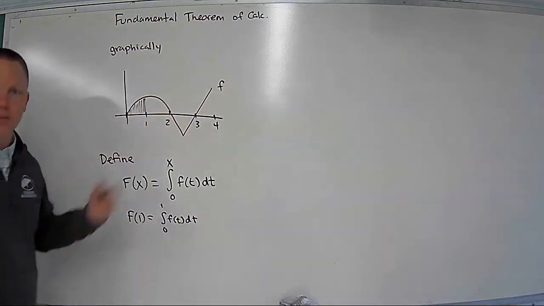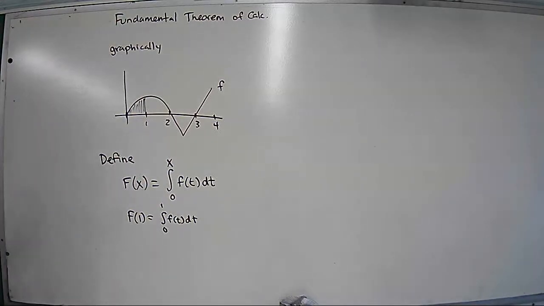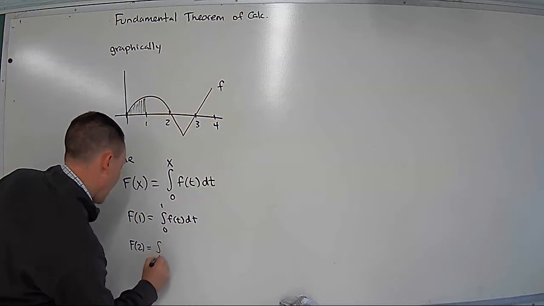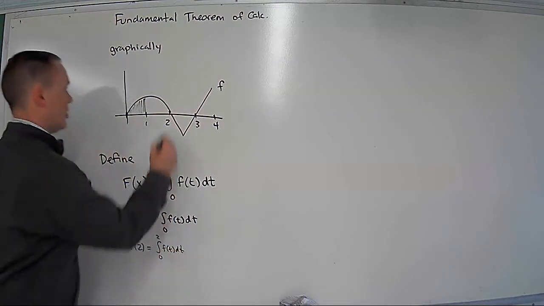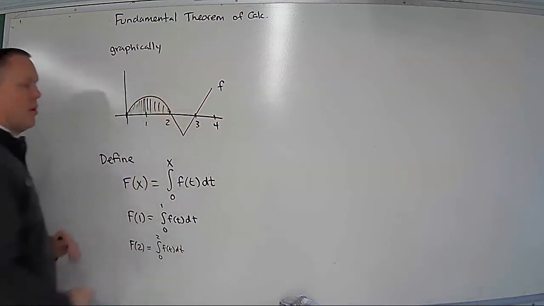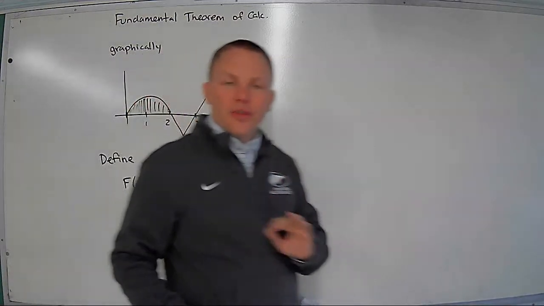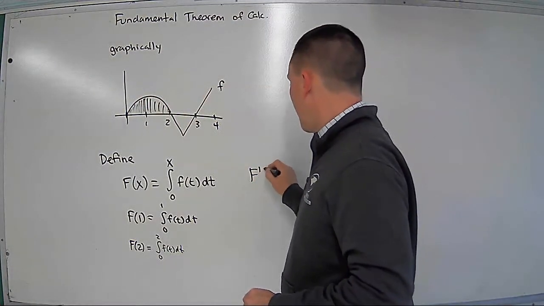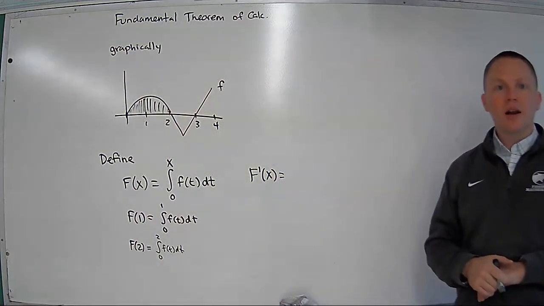And I don't know what that is; we'd have to do pi r squared or whatever. Big F of 2 would be this area right here, or this integral, which is going to be all that area. But what the fundamental theorem of calculus says is that big F prime of x is equal to what?